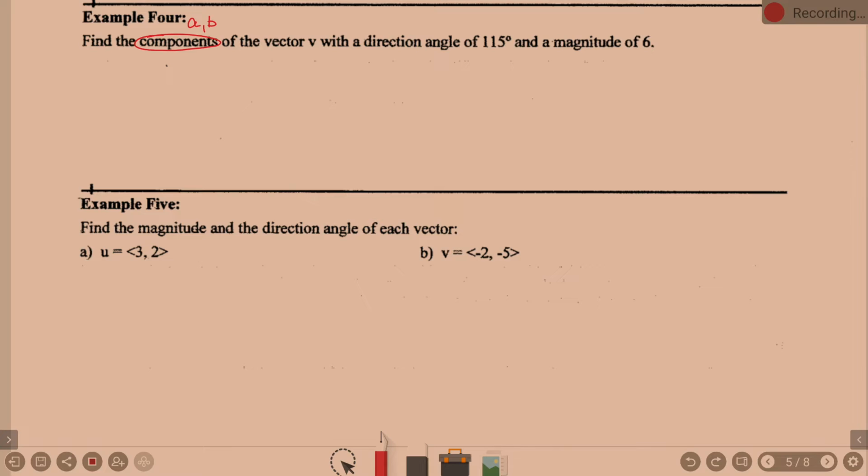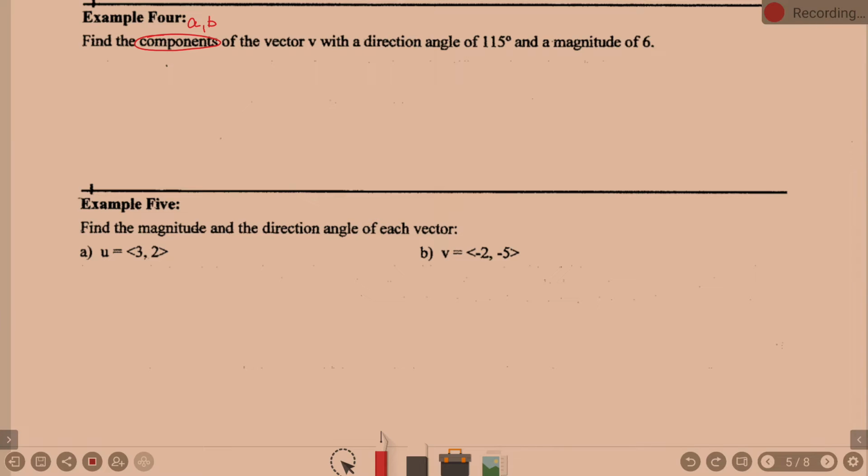Direction angle of 115 degrees. What's that going to represent in our formula? Go back and read. Where did it talk about the direction angle of a vector? Just right up above. Angle theta.